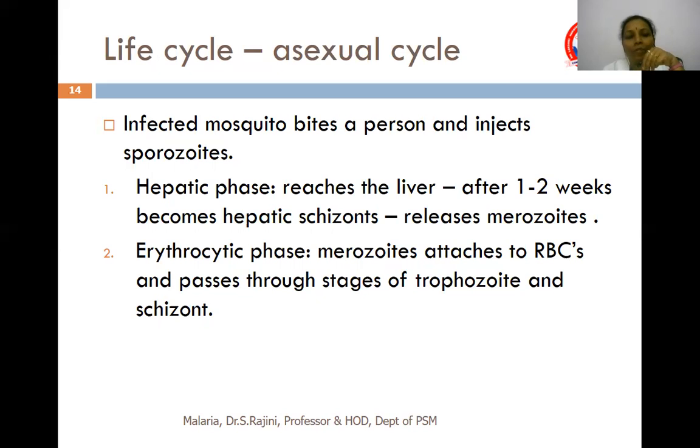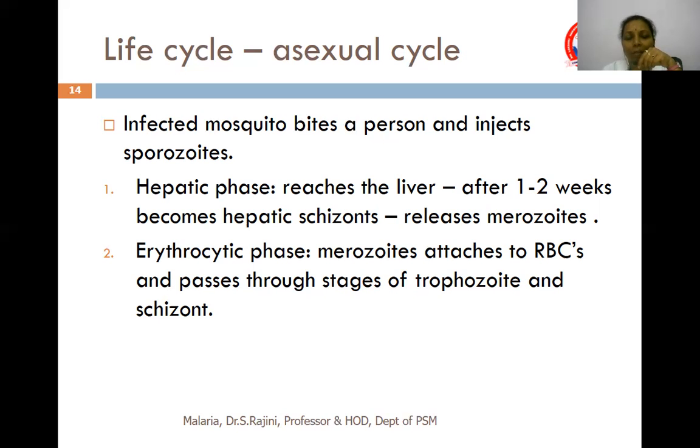After that, the sporozoites enter the blood circulation and go to the first phase, called the hepatic phase, where they reach the liver, and after 1 to 2 weeks it becomes a hepatic schizont. It multiplies in the liver cells, and the schizonts release merozoites. The merozoites then attach to the RBCs. So we call it the erythrocytic phase.